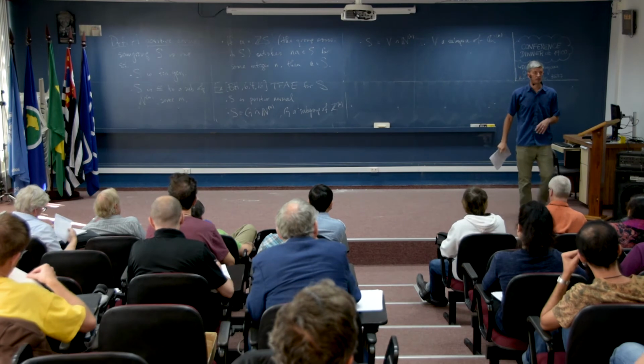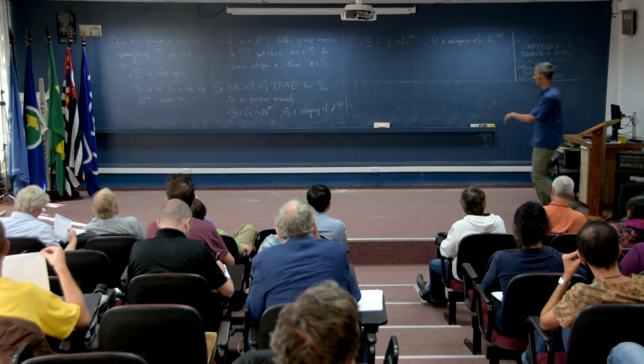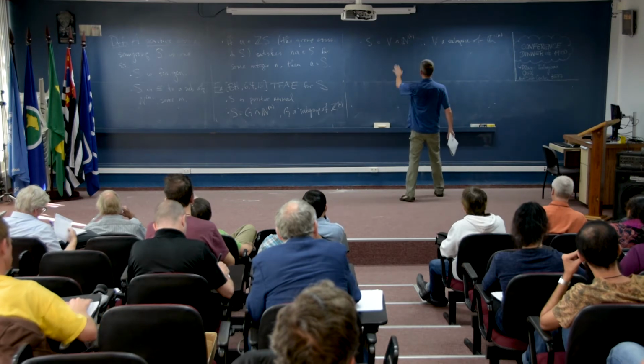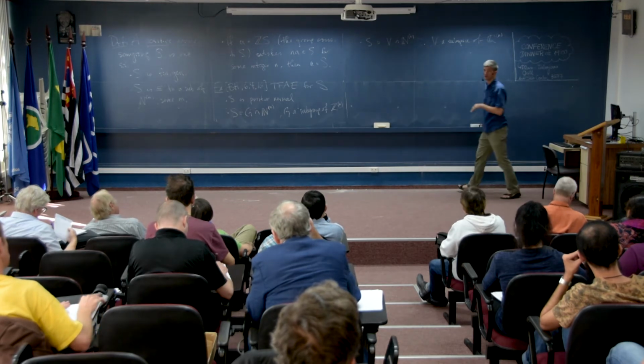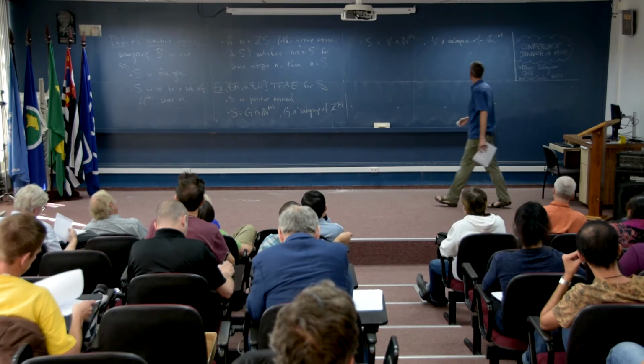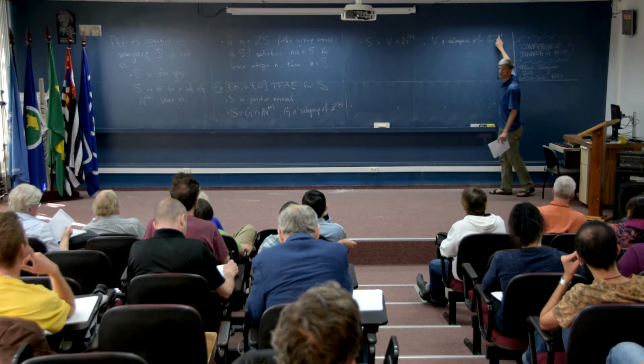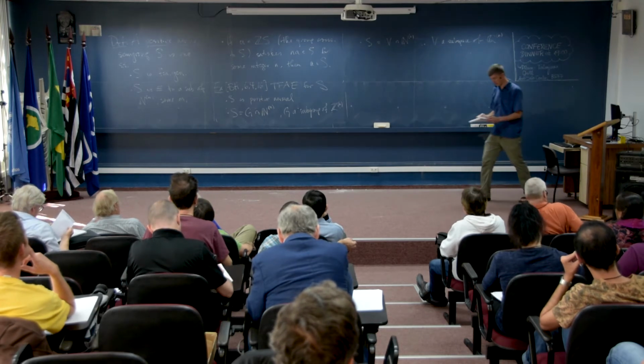So these are the ones that arise from intersecting subgroups of the integer lattice or intersecting subspaces of the rational cone. Notice this M is different from this N. They don't have to be the same.